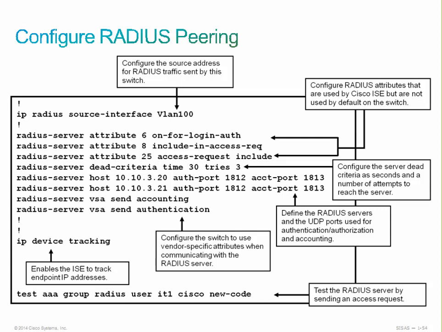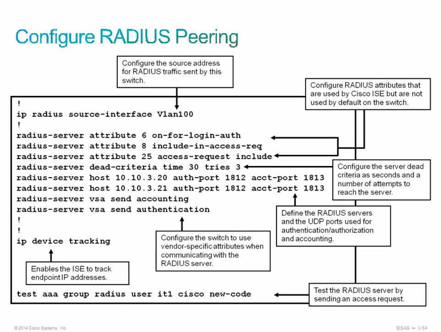As I mentioned previously, 1812 and 1813 are the default ports that ISE is going to be configured with. You may decide to change the port numbers for obfuscation or an additional layer of security, and you can do that in ISE. You can change the authorization port, authentication port, and the accounting ports if you want to, although it's not generally done.